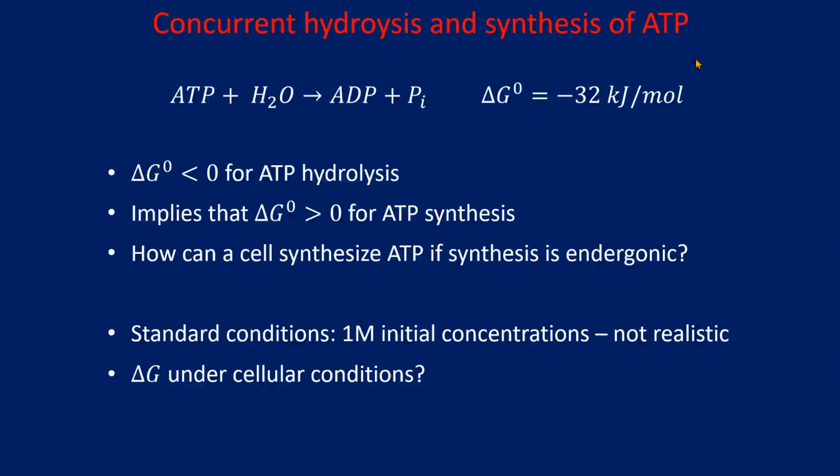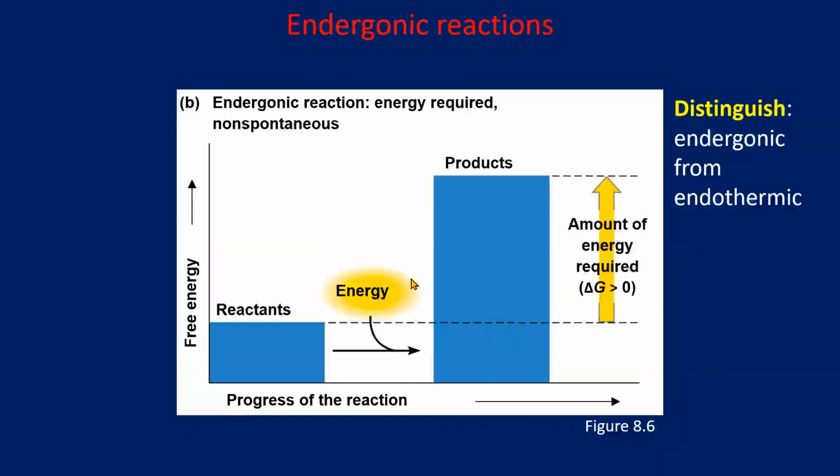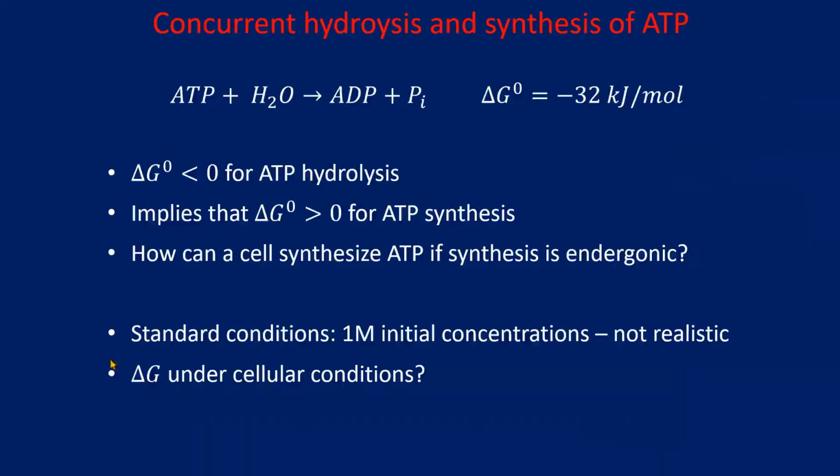Whatever we have learned until this point, particularly this equation, is basically in standard condition, and you cannot apply this standard condition inside the cell. Particularly, you cannot have 1 molar concentration, which is not at all realistic.